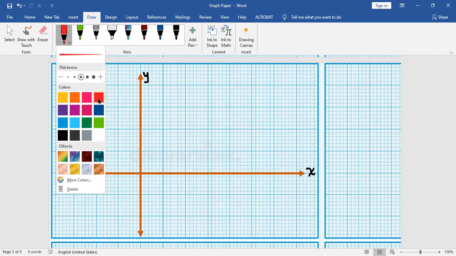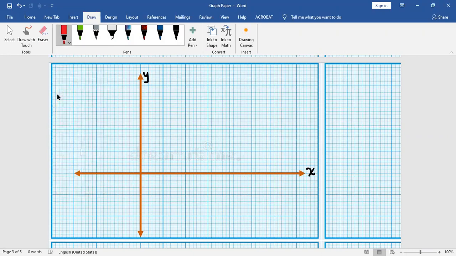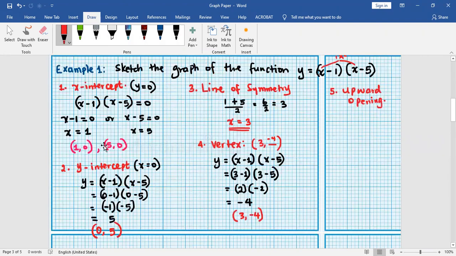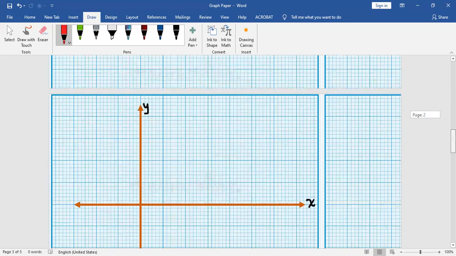So we said that the x-intercepts are (1, 0) and (5, 0).